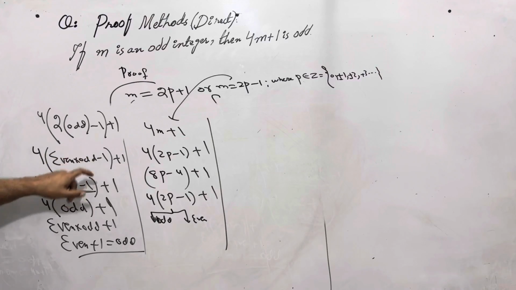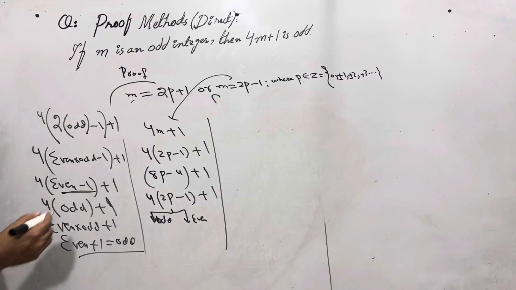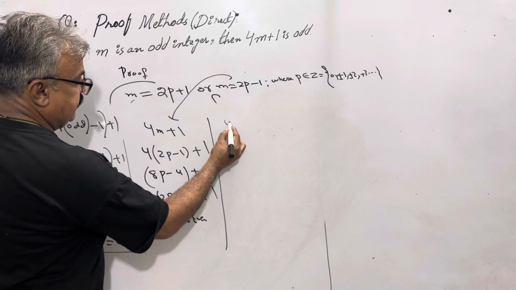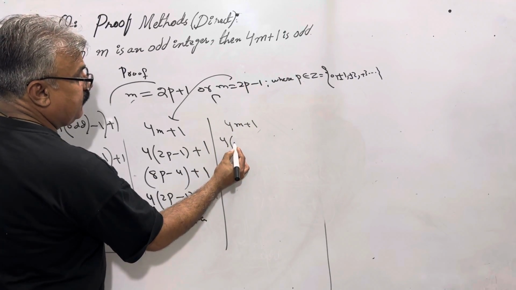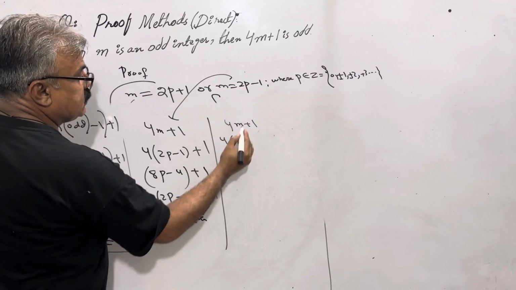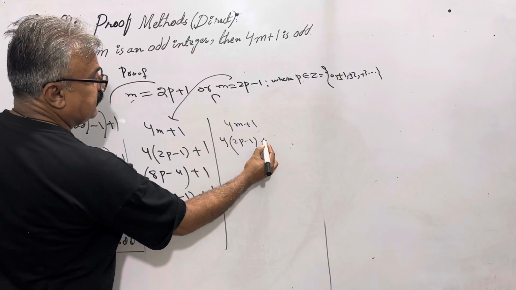Now instead of odd, we are taking p as even. Here is the result: 4 times m plus 1. Plug in the value of m, that is 2 times p minus 1, plus 1.